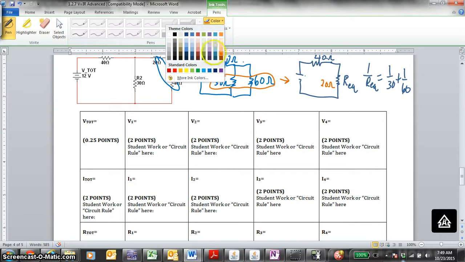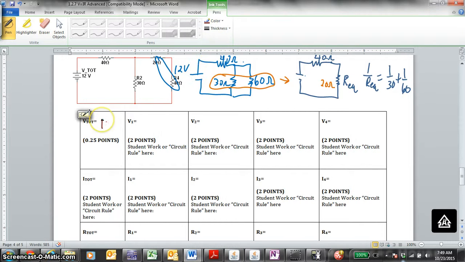So let's see what you can fill out here. V total is 12 volts. I total, we don't know. R total, you could get from this redrawn simplified circuit over here. If you draw it with one resistor, R total would be this 40 plus this 20 in series, which is 60 ohms.